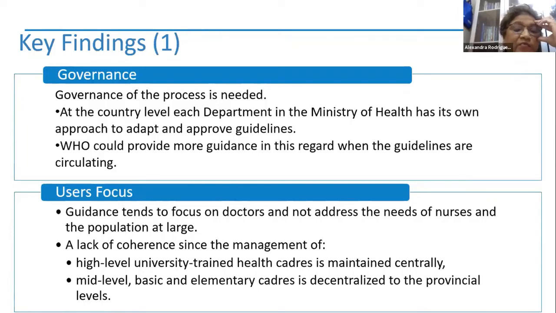There is a lack of coherence, since the high-level trained health professionals are managed centrally, whereas the middle, low, and elementary cadres are managed by the provincial entities. It means that we have to review the user focus in order to provide an efficient network.